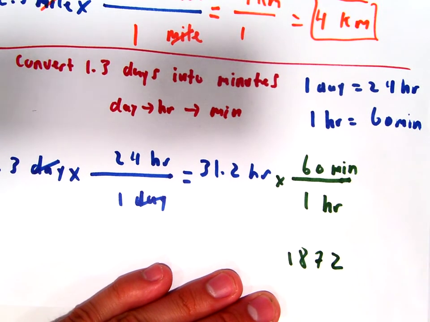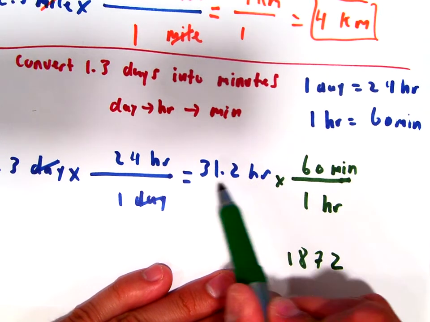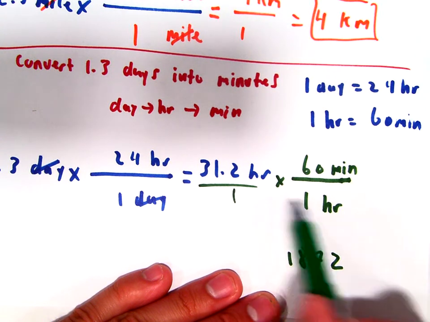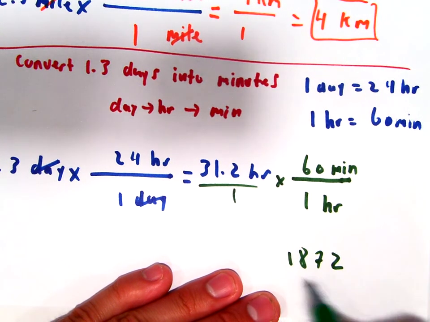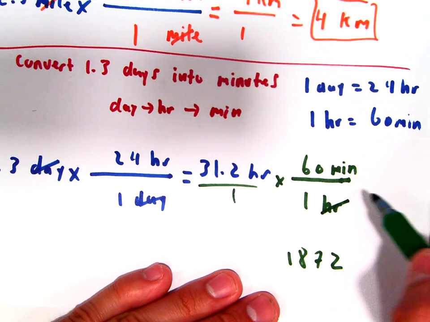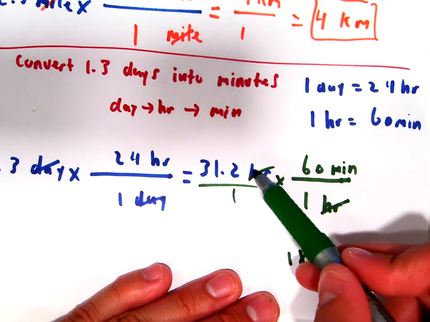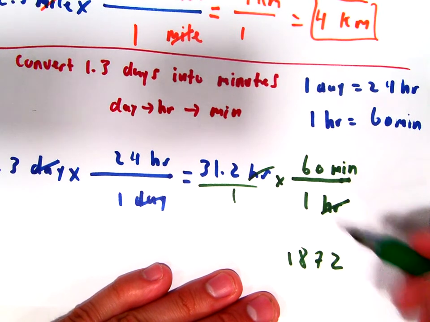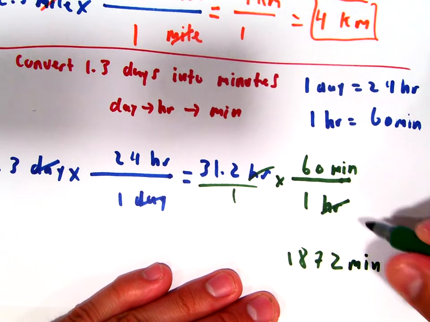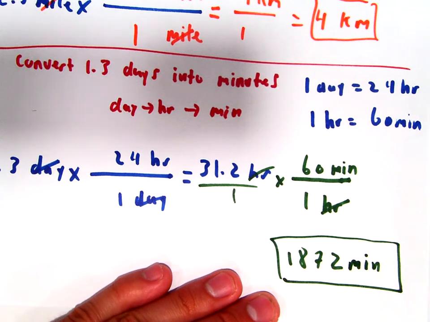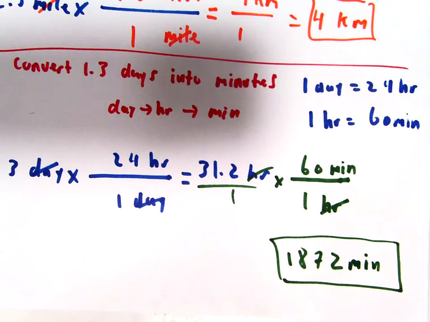All right, so what are my units? And also, if you notice, I didn't divide by anything because this is just 1. So it would be 1 times 1, which would be just over 1, which is the same thing. That's why I didn't put it. Okay. Well, things that are across cancel out. I'm left with minutes, which is my answer that I wanted. And that's how you do conversions. You can apply the same method to pretty much any problem.